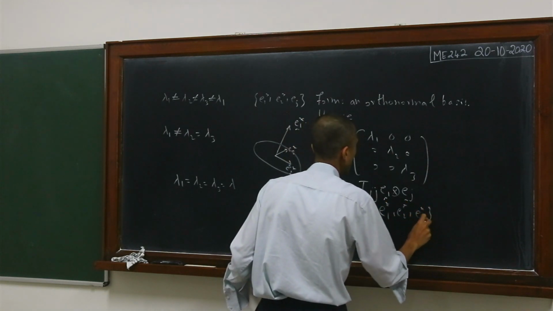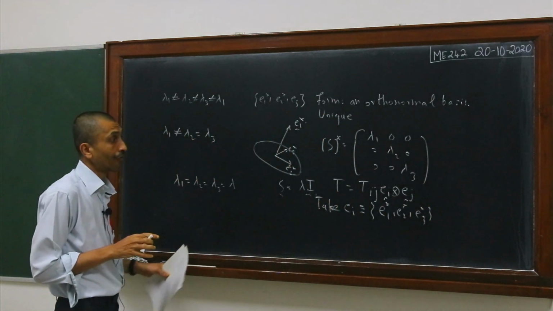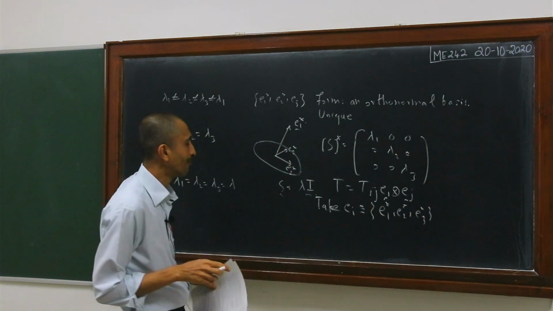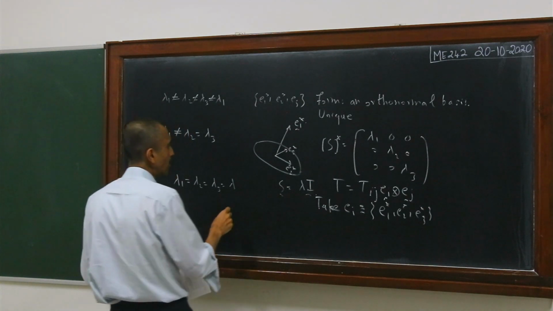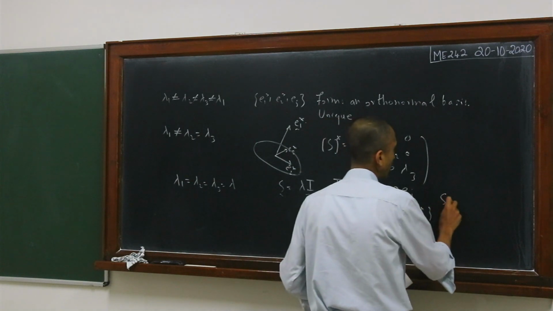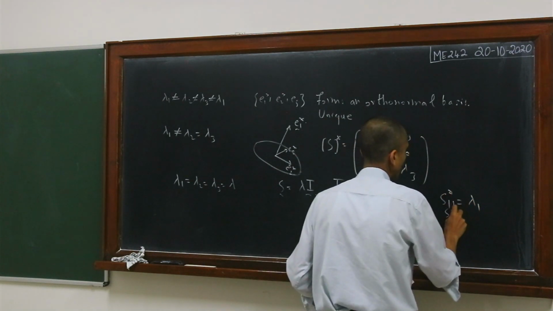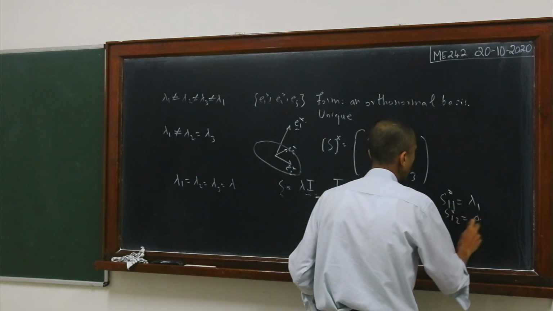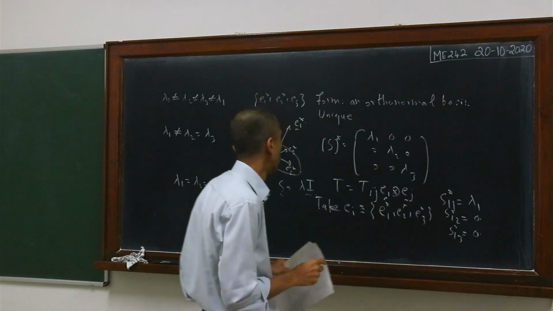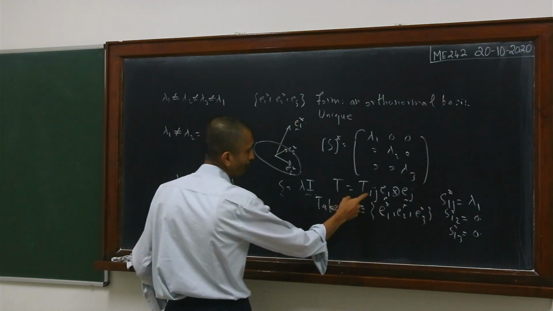So this is the principal basis I choose for expressing the components of my symmetric tensor. Now we have seen that in this particular basis your S11 star will be equal to lambda 1, S12 star will be 0, S13 star will be equal to 0, and so on.